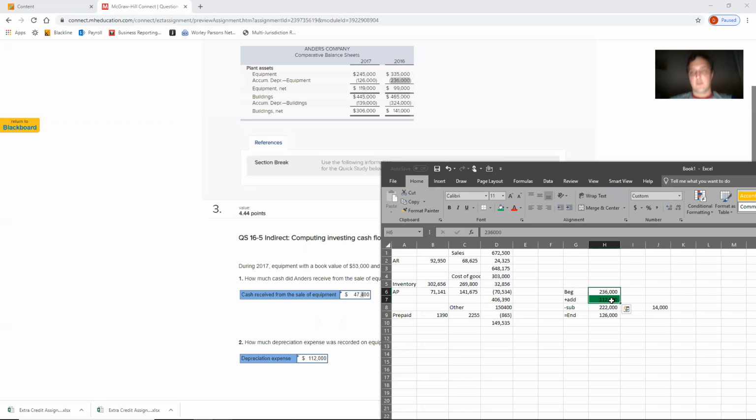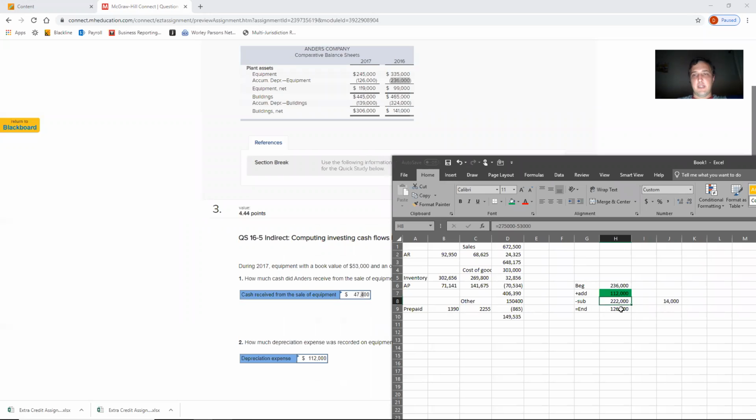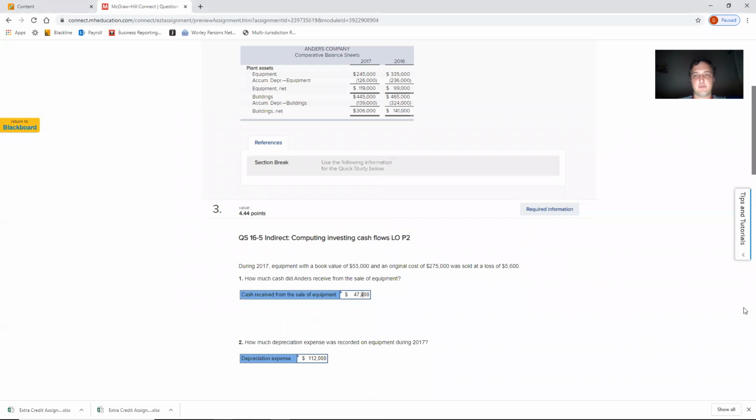Okay. Because again, we disposed of 222,000. So we started with 236. We disposed of 222 when we sold that equipment. Our ending is 126. So the only number that gets you there is 112.